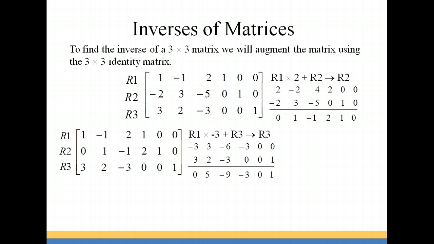So multiplying the first row by negative 3, we have negative 3, 3, negative 6, negative 3, and 0, 0. Then we're adding that to row 3. So the result is 0, 5, negative 9, negative 3, and 0, 1. Now that's going to become our new row 3, so I'm going to write a new matrix.